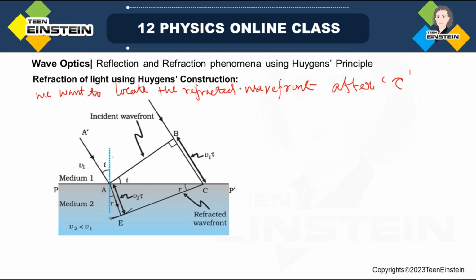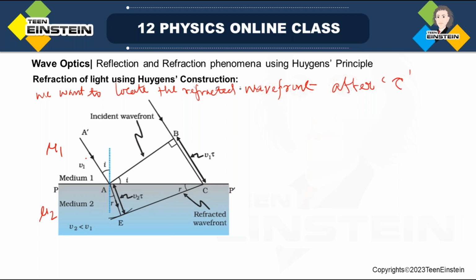According to the figure, the incident wavefront is AB. This incident wavefront is coming and getting refracted at the interface PP prime, which separates two media having different refractive indices, maybe mu1 and mu2. So PP prime is the interface.